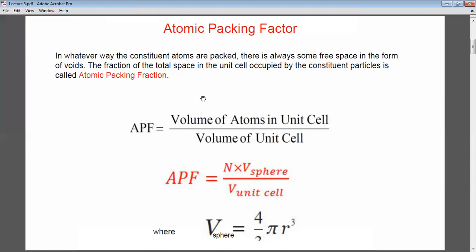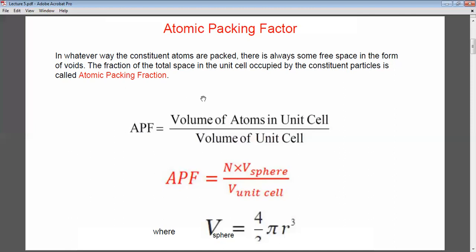In whatever way you put these spheres inside the box, there will always be some free space. Okay, if there is no free space whatsoever, the atomic packing factor will be 1. If the volume of the atoms in the box is equal to the volume of the box, then the atomic packing factor will be 1. But this can never happen in case of spheres, okay?